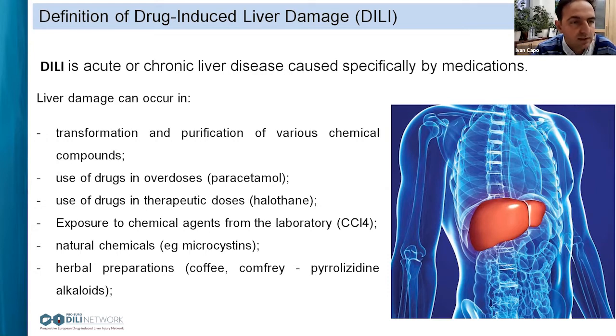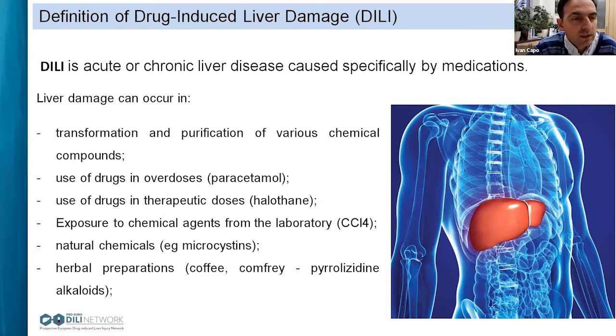Sometimes drugs in overdose, like paracetamol or acetaminophen, can cause hepatotoxic effects. Sometimes a therapeutic dose of some drugs, like some anesthetics, can cause damage. Very rarely, but still, we have hepatotoxic agents like carbon tetrachloride, usually in the laboratory, that can cause damage to the liver.